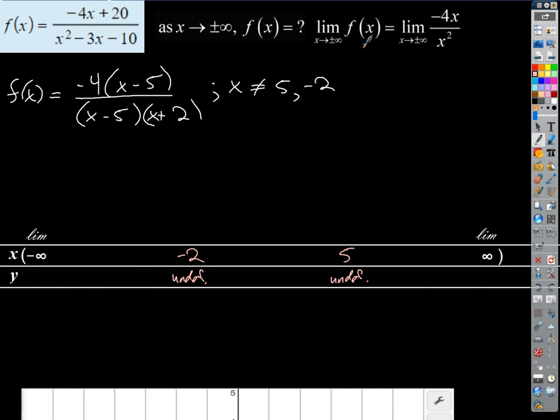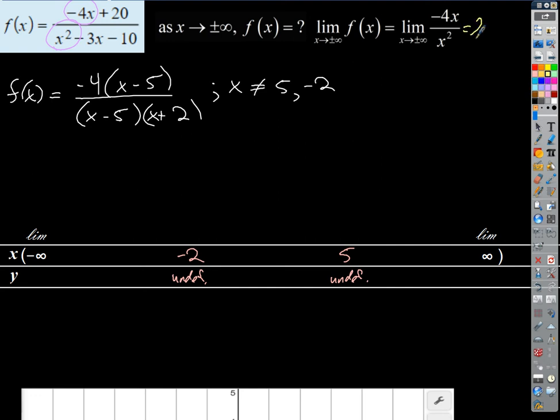The limit of f of x as x approaches plus or minus infinity would just be the limit of the ratio of the leading terms. In the top polynomial, the only term that matters is the negative 4x. In the bottom polynomial, as x explodes, the only term that matters is the x squared. So we can just look at the ratio of those two terms. What does that simplify to? What is negative 4x divided by x squared?